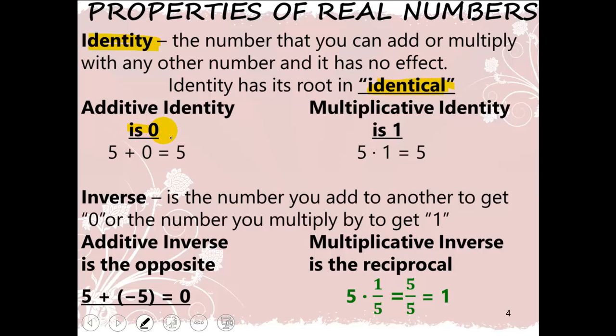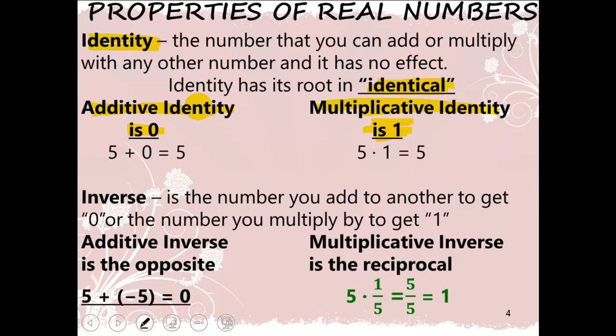That number is 0. 0 is the additive identity. There is also a number that you can multiply by every number in the universe, and it doesn't change the value, and that number is 1. So 5 plus 0 equals 5. That is representative of the additive identity. 5 times 1 equals 5. That is an example of the multiplicative identity.